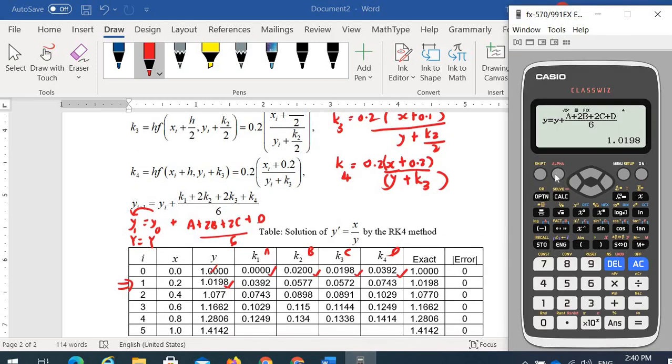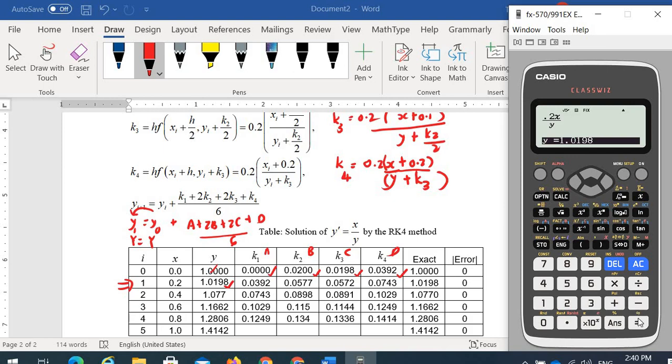Again, to calculate K1, search back the K1 formula, calculate. So for K1, your X in the current row is 0.2, so it is equal to Y. The Y value, just now when we calculated Y1, the result at the right hand side is stored, so the Y value is there.